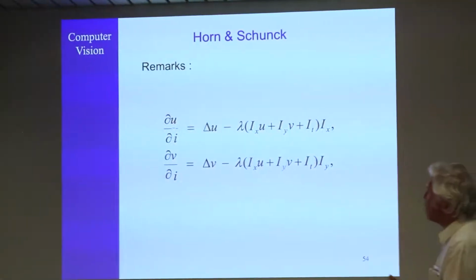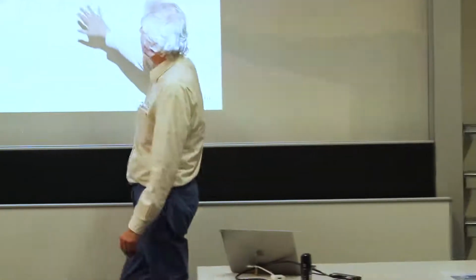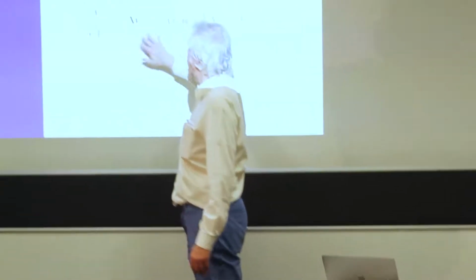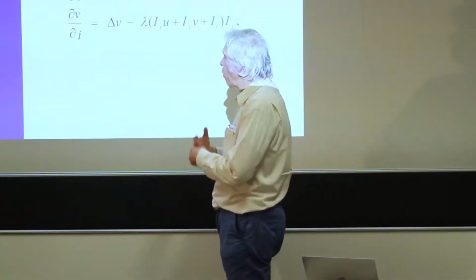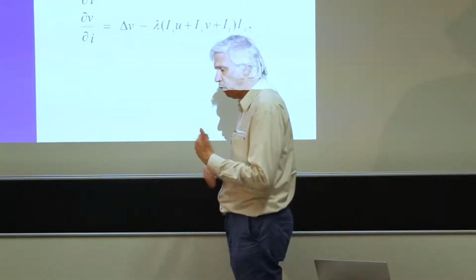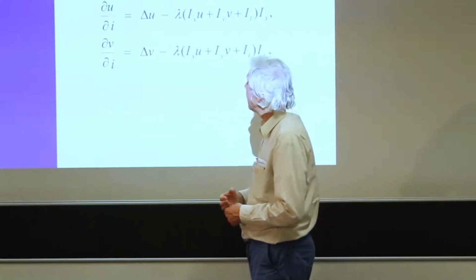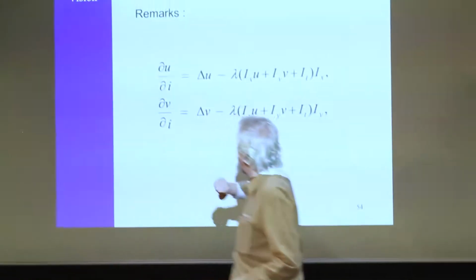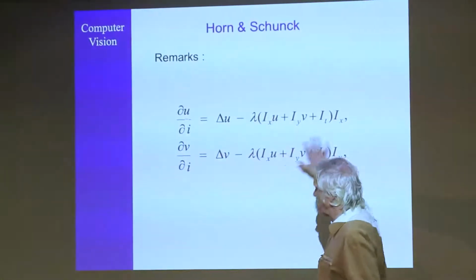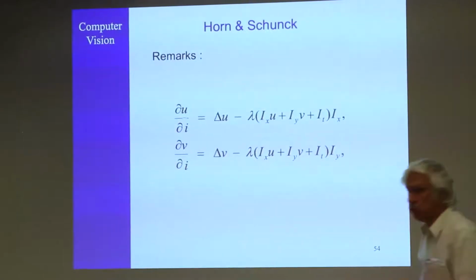So from one iteration to the next, you apply this as a change to u and v, until there's no more change. When this whole thing came to an end, no more changes happening from one diffusion to the next, so the left-hand side goes to 0, that means that you also have reached your solution.